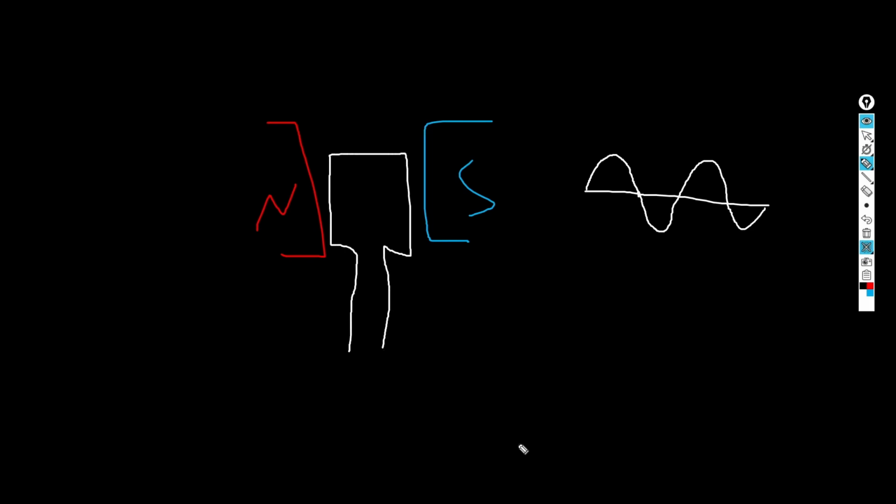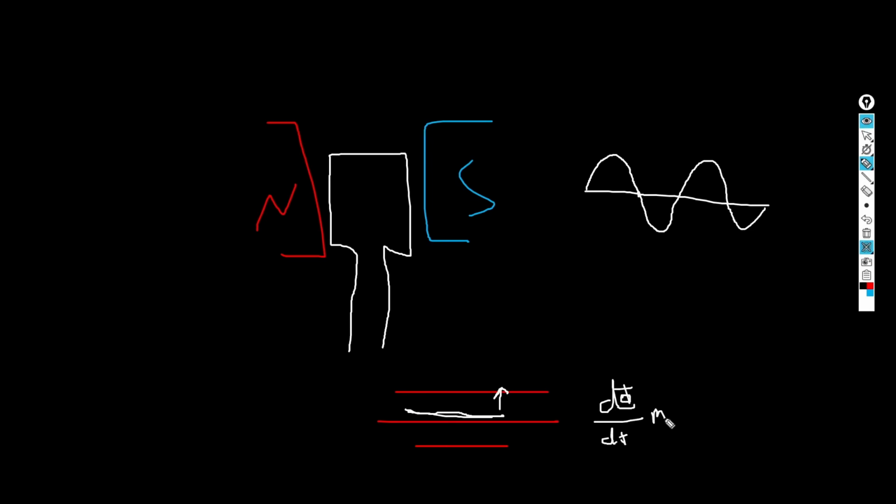Now, this is the magnetic field. I'm going to draw the magnetic field with red. This is the same thing, I'm just zooming in on the coil here. Let's say the coil is parallel to the magnetic field, so it's changing like this, right? So the rate of change of flux going through the wire here, delta phi over delta t, is what?